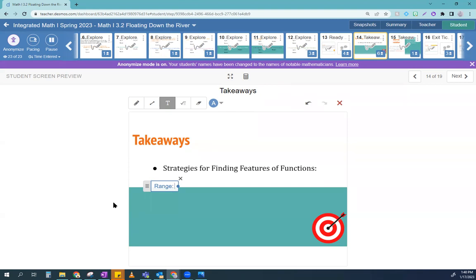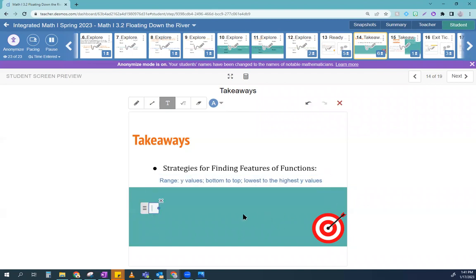So these are your Y values. Someone said if I'm looking at a graph, I look from bottom to top. Someone else said the lowest to the highest Y values. Very, very good. So these are all range things. If you don't know about range, now you do.